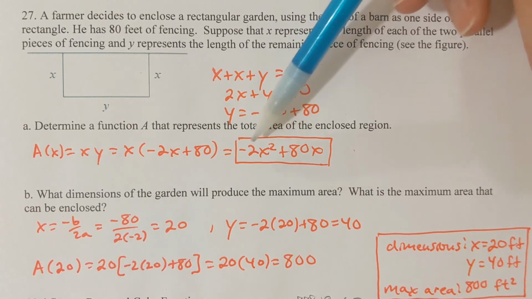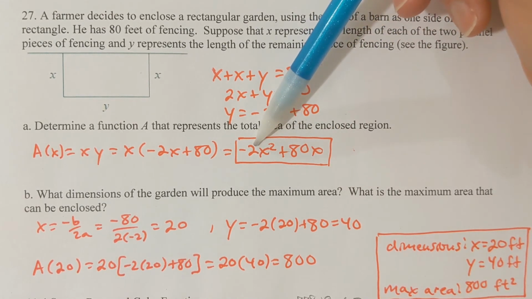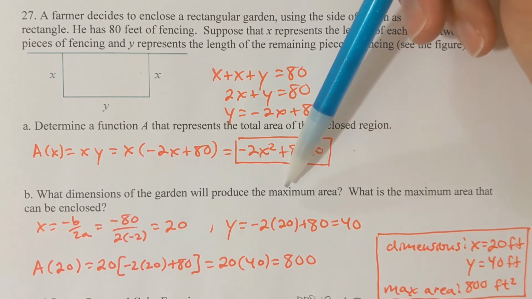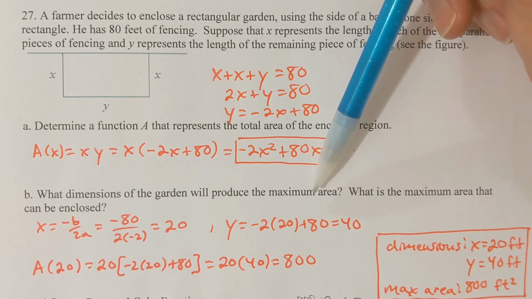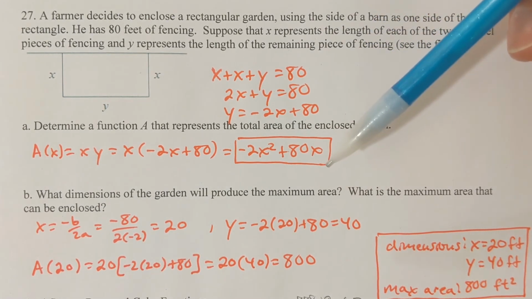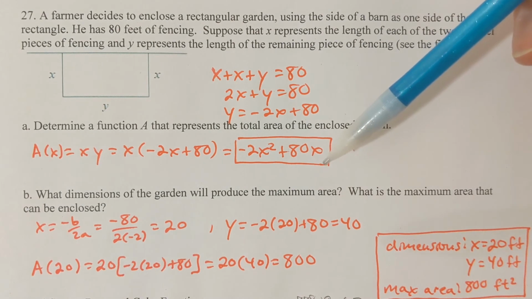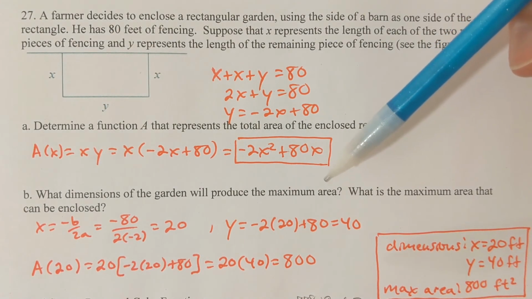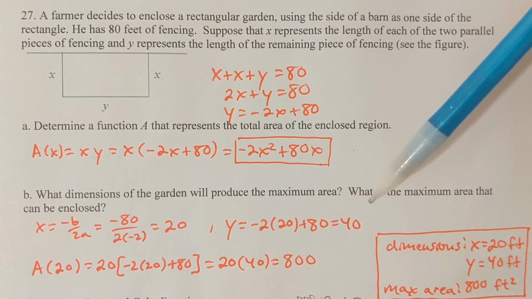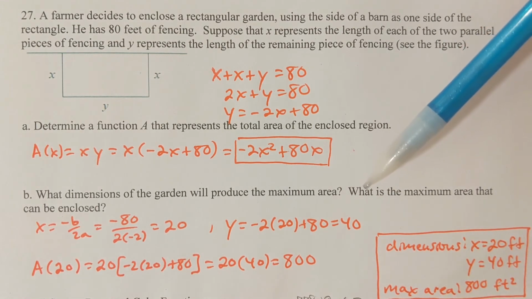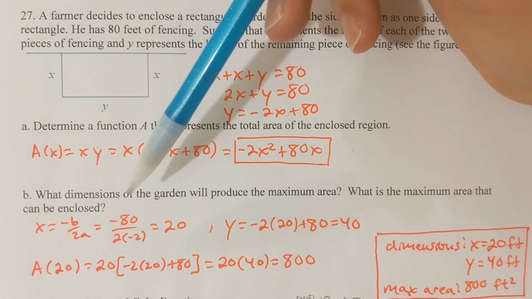So I've got a parabola that's going to open down because of that negative in front of the squared term. Maximize the area. Okay, well, if I find the maximum point on this parabola, that would be the vertex, right? I know I'm working with a parabola that opens down, and this is just another exercise in finding the vertex. So that's what I'm doing here next.